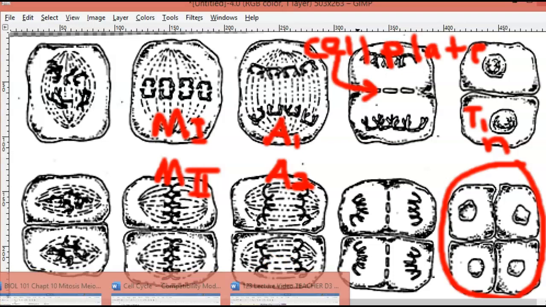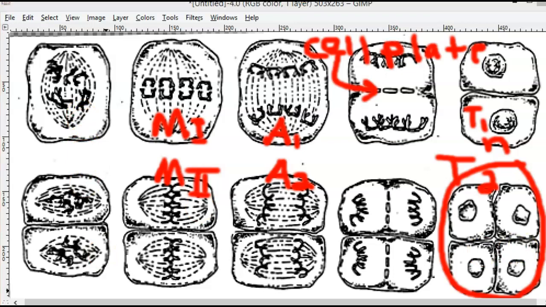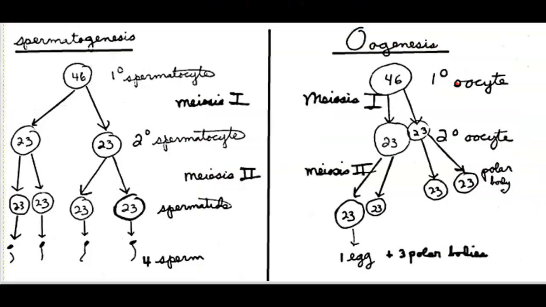So if you had a test, you had this one right in here and this one right next to it, you would know that this is telophase 2. It has 4 cells, especially when it's next to a bigger one. And you know it has to be meiosis, not mitosis, because there's 4 cells.